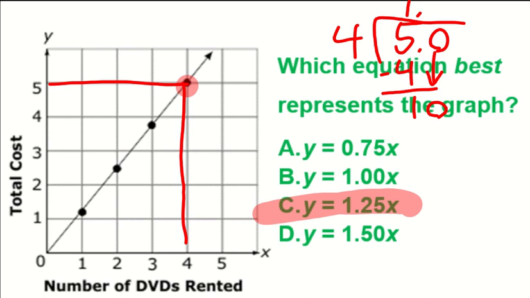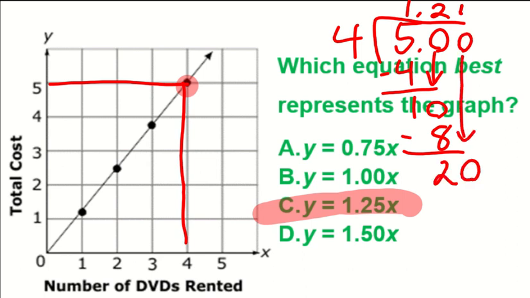Decimal comes straight up. 4 goes into 10 2 times. 4 times 2 is 8. At this point, I could probably stop because that's the only one that's 1.2. But when we keep going, we get a 2, bring down the next 0. 4 goes into 20, 5 times, and then we're done right there. Okay?